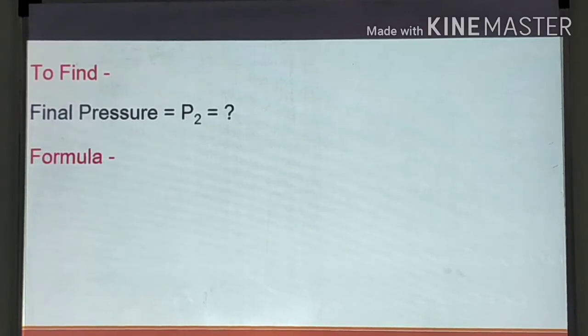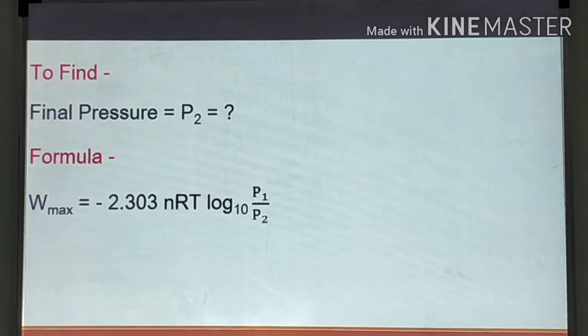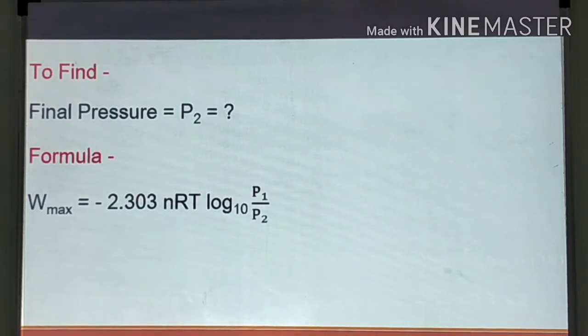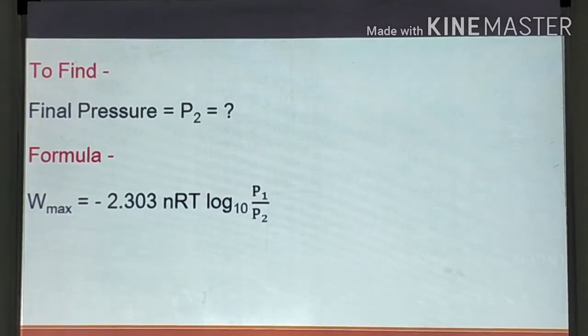The formula that I am going to use is W max is equal to minus 2.303 nRT log to the base 10 P1 upon P2. I know W max, I know R, I know T, I know P1. I have to find out P2, but I do not know n, that is the number of moles. So my first job is to calculate the number of moles, and then I will calculate the maximum work.